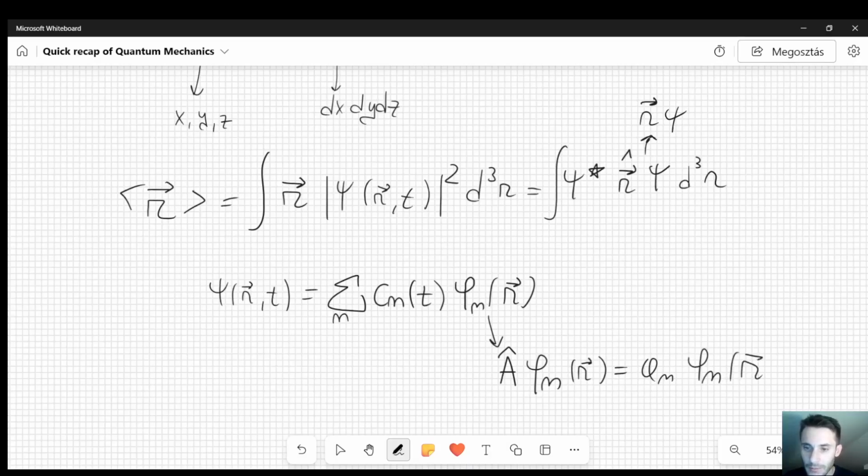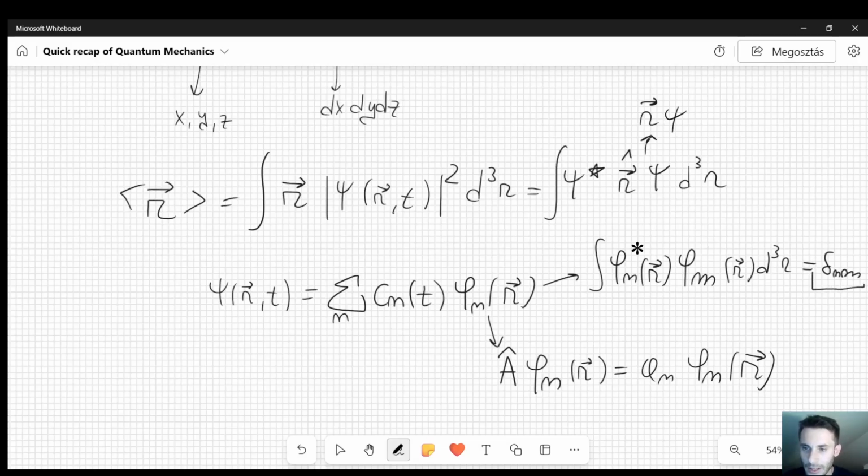We can assume that such functions are orthonormal, which means that if I integrate phi sub n of r star times phi sub m of r, d3r, I get delta nm.